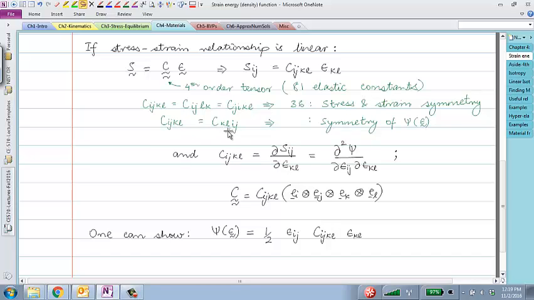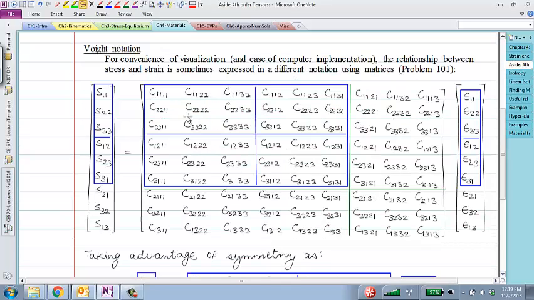Cijkl means, which means that I have to worry only about the diagonal components, that this itself is symmetric, right? So only about the lower triangular or the upper triangular constants we have to worry about. The off diagonals are symmetric. So how many constants do we have now?